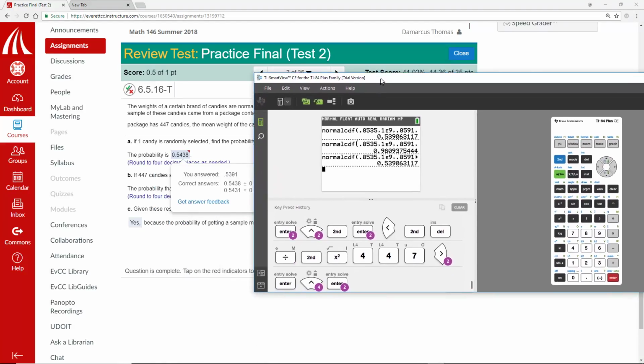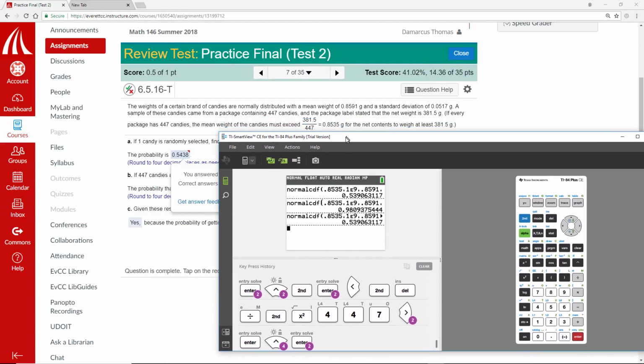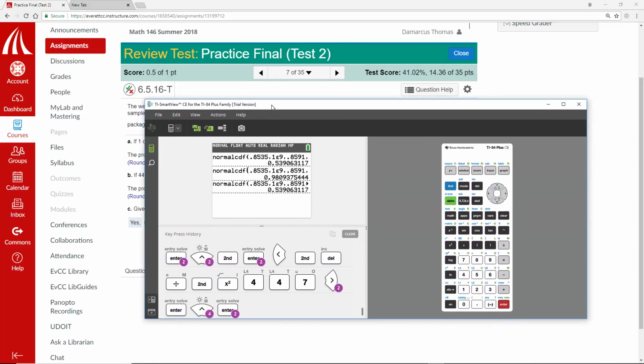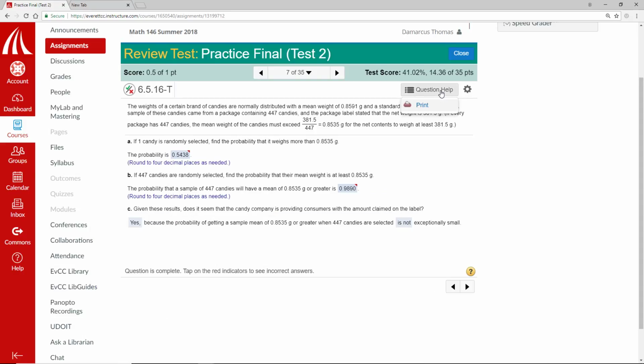Yeah, I think they got their values using the table, and we did ours using more of a precise measurement.